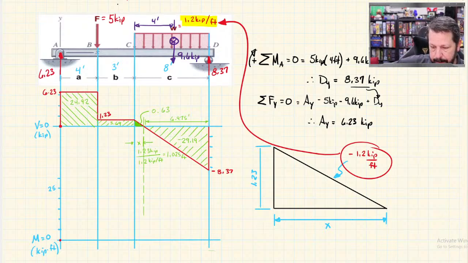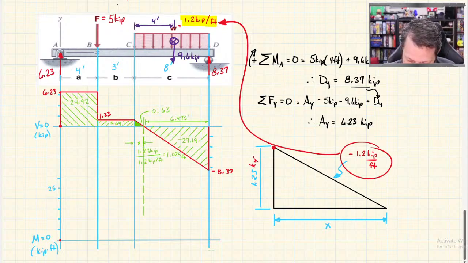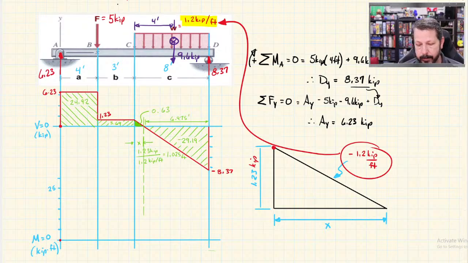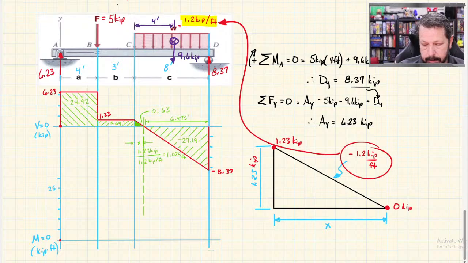So if I know that the slope of the hypotenuse is 1.2 kips per foot, and the peak up here is 1.23 kips, then how far, at negative 1.2 kips per foot, does it take to get from 1.23, where I'm at with this red dot, down to here, which is 0? So that point's 1.23 kips, and this is 0 kips. That's where it crosses the shear equals 0 line.